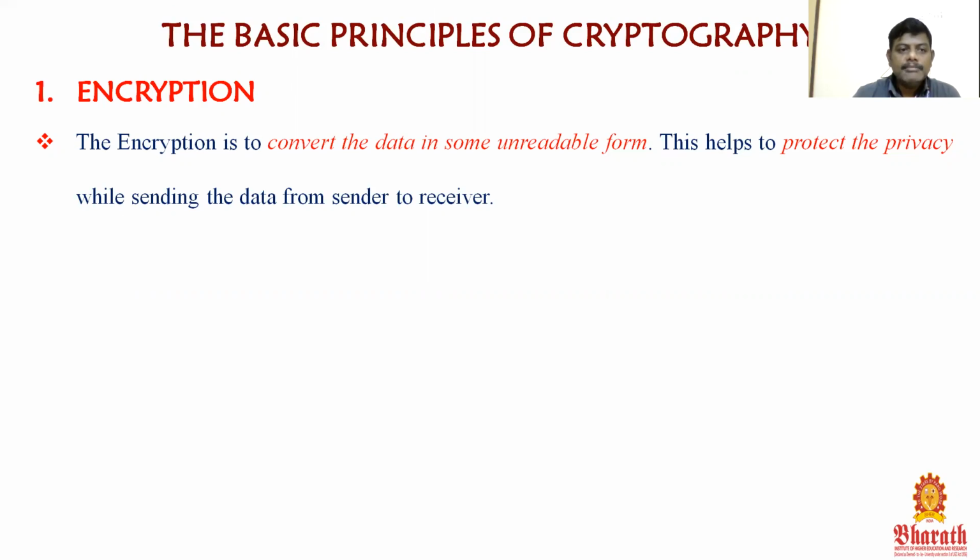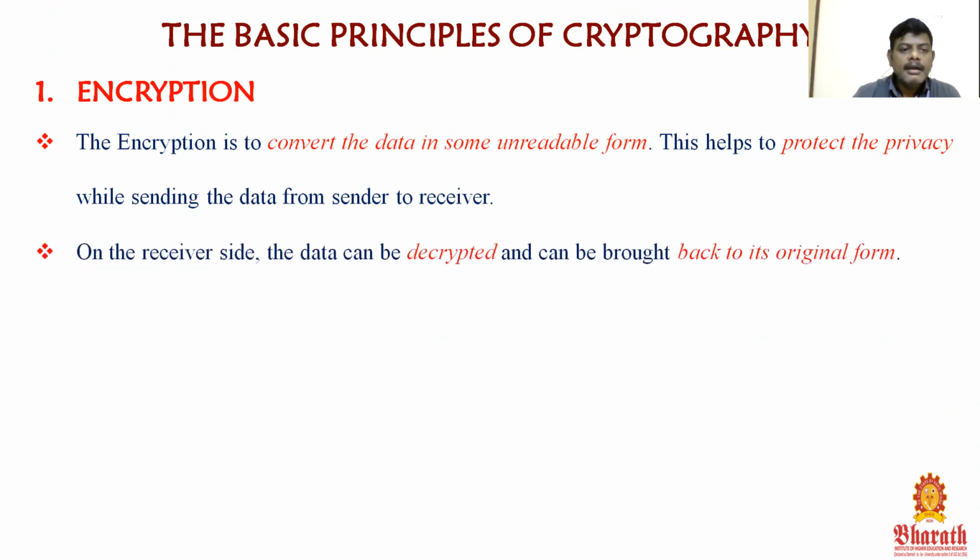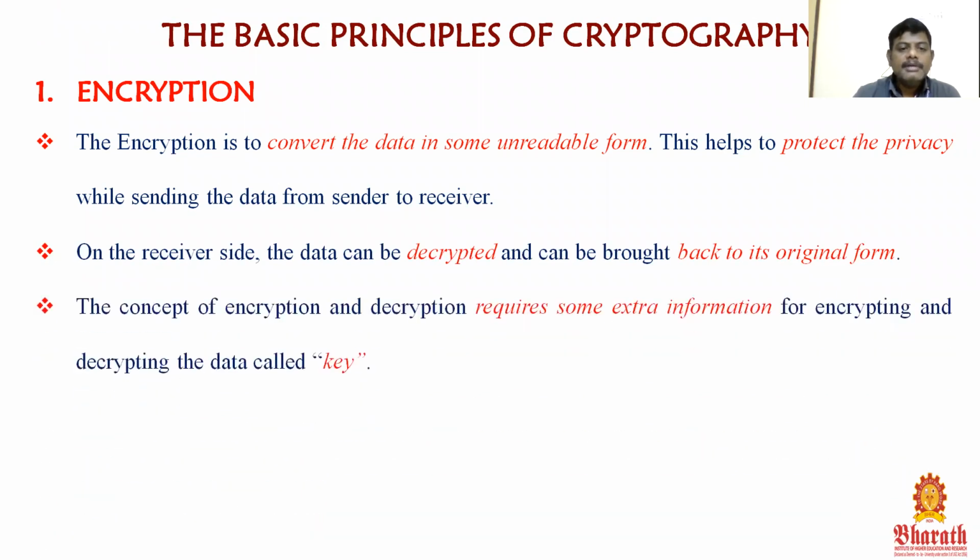This helps to protect the privacy while sending the data from sender to receiver. On the receiver side, the data can be decrypted and brought back to its original form. The concept of encryption and decryption requires some extra information for encrypting and decrypting the data, called a key.